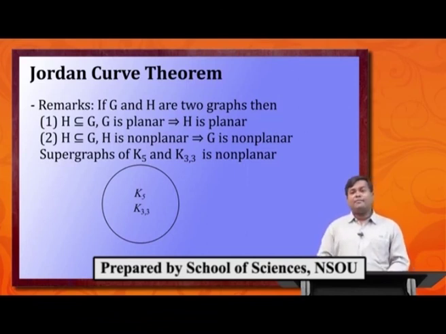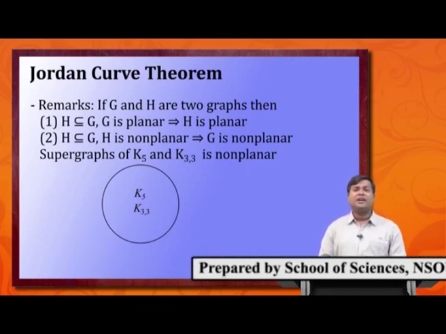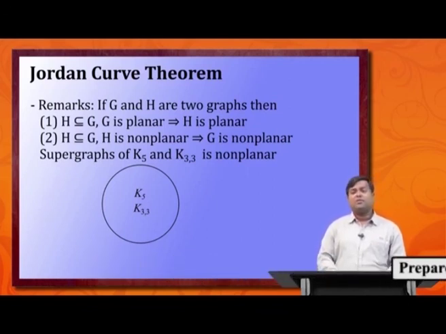Therefore, we have already proved that K5 and K33 are non-planar. So any supergraph of K5 and K33 is also non-planar using remark 2. So we have drawn a particular Venn diagram which is basically a superset of K5 and K33.